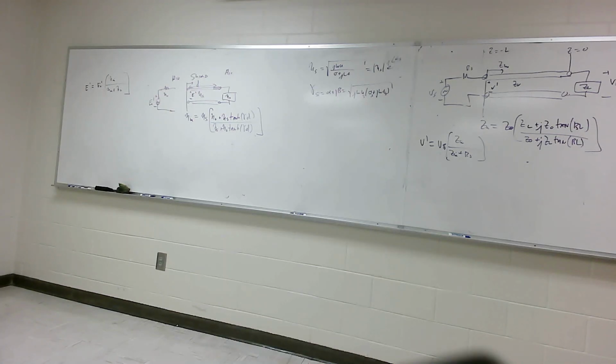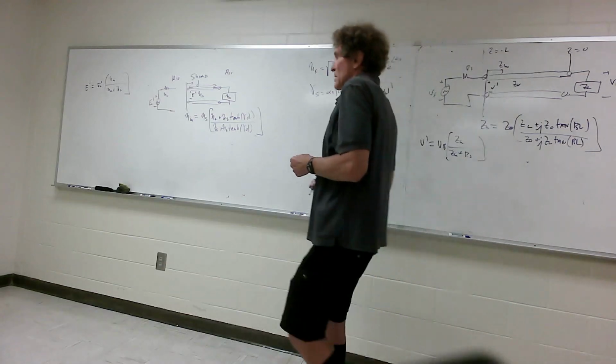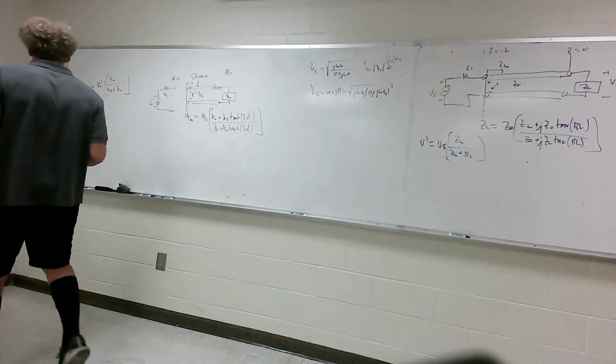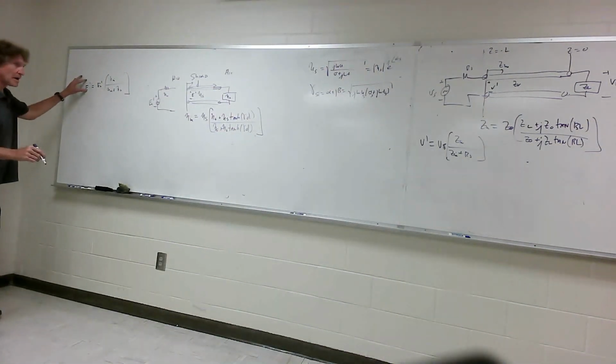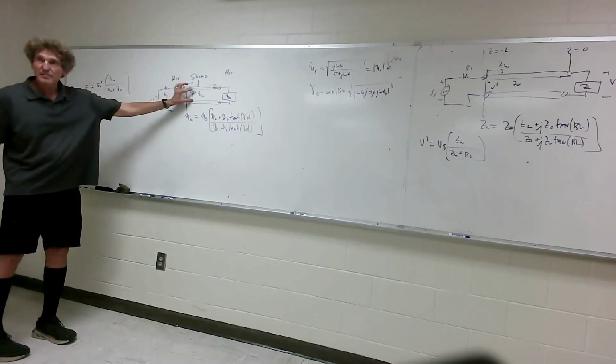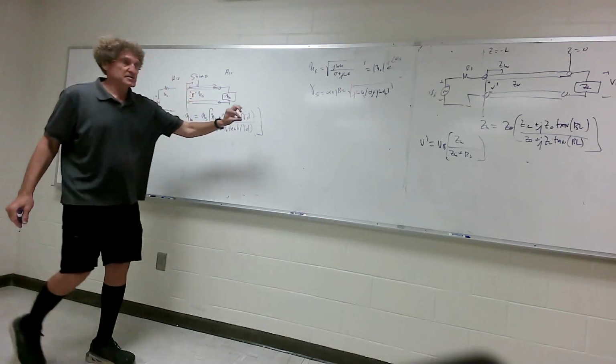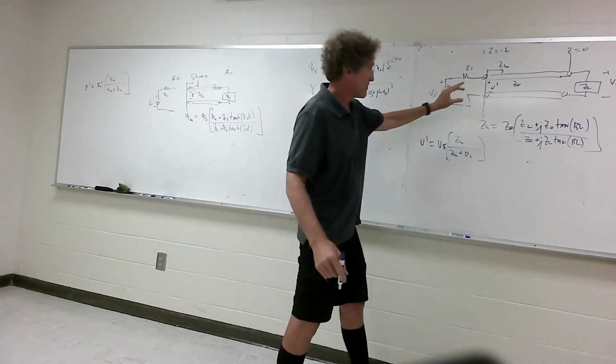If you go to page 528, go down 1, 2, 3, 4th equation, he's going to show you what I'm about to show you. So this is E prime, and it's right here. Follow me?